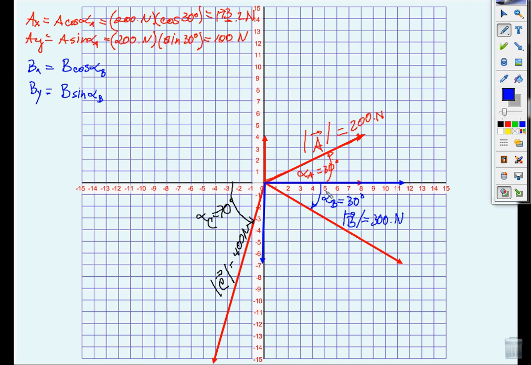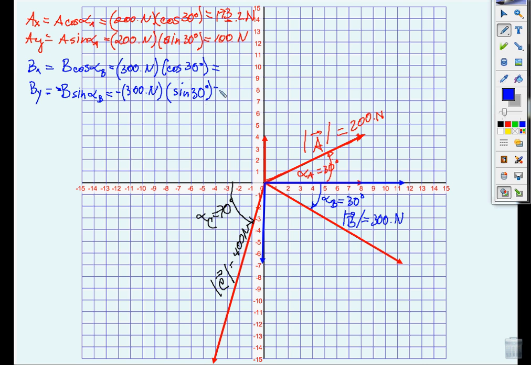Now notice the component in x is positive, so we just leave it like that, but the component in y is pointing downwards, so it's negative, so we're going to add a negative sign in here. So we substitute values, and the magnitude of vector B is 300 newtons. Then we have the cosine of the reference angle, in this case 30 degrees, and this one is negative 300 newtons sine of 30 degrees.